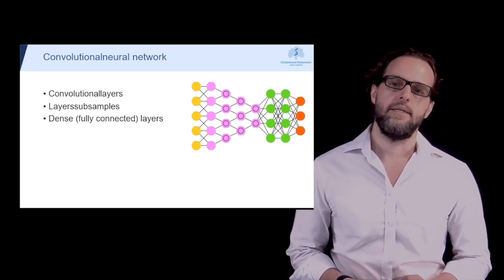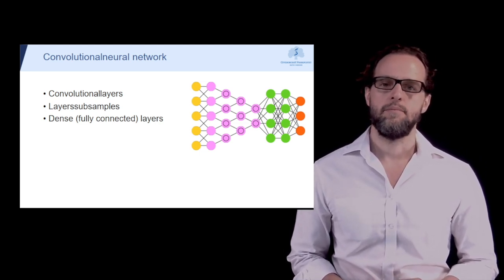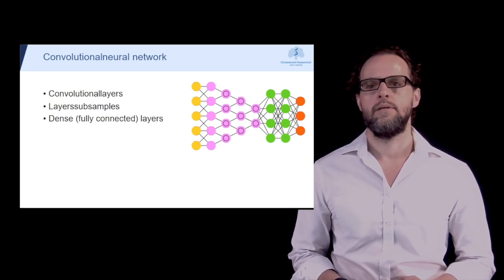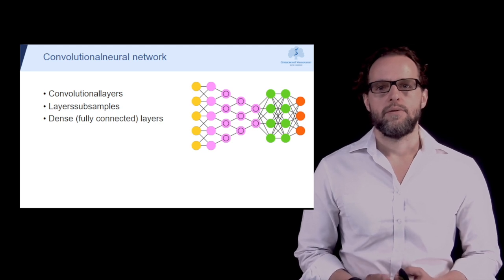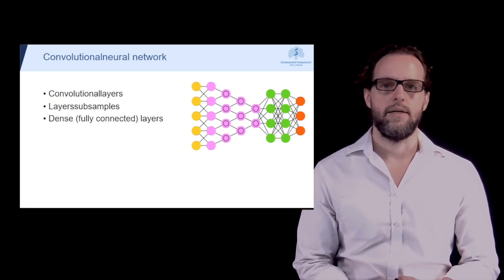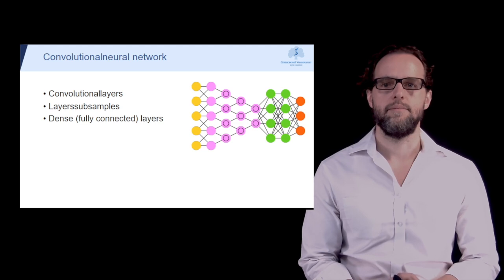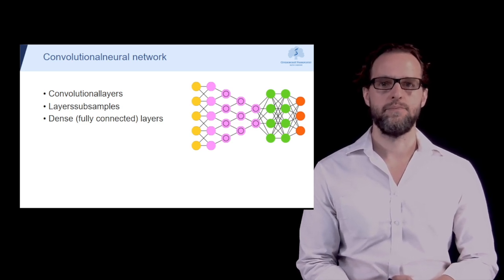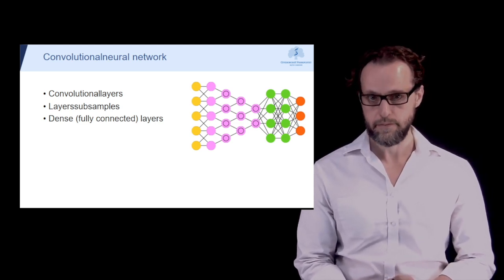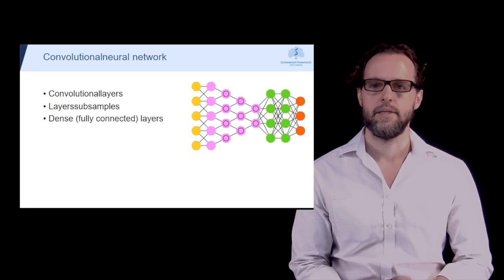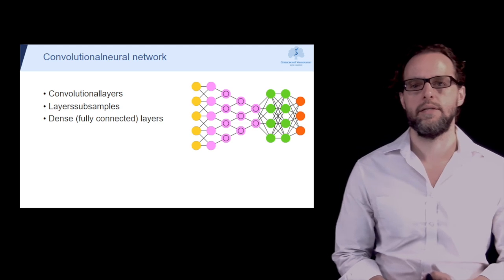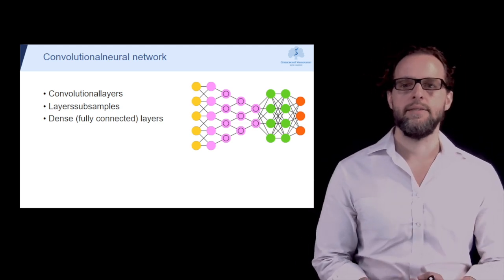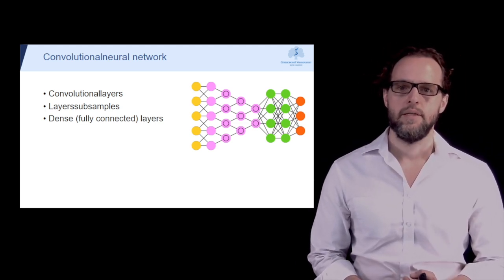They don't have a single inventor, but one of the first uses was in LeNet 5, described by Yann LeCun in 1998. A typical convolutional neural network architecture consists of the following parts.